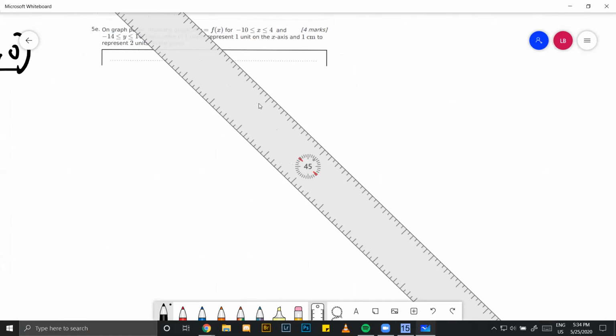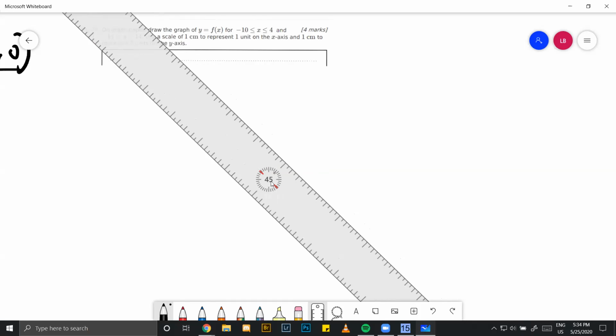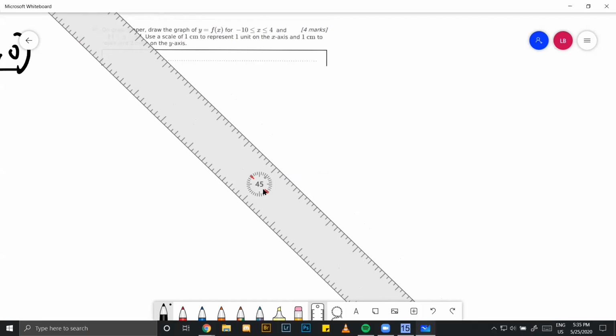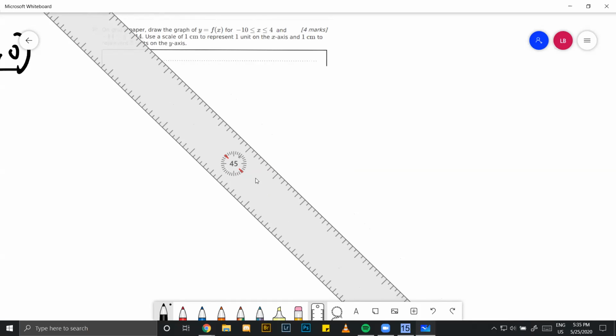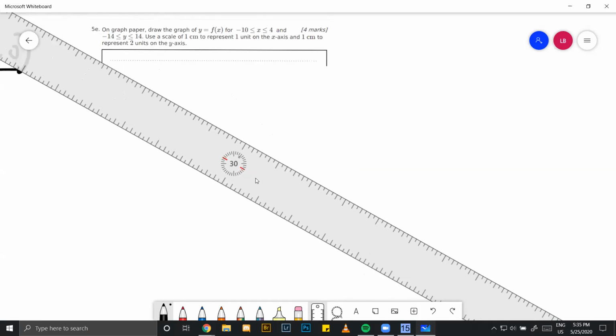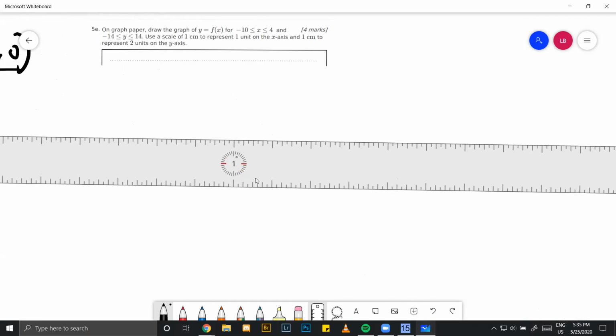I'm not sure how to use this ruler. Actually, I have no idea how to use this ruler. How do you make it go round and round? How do you rotate it? Okay, let me think about this. I think I know what I'm doing.